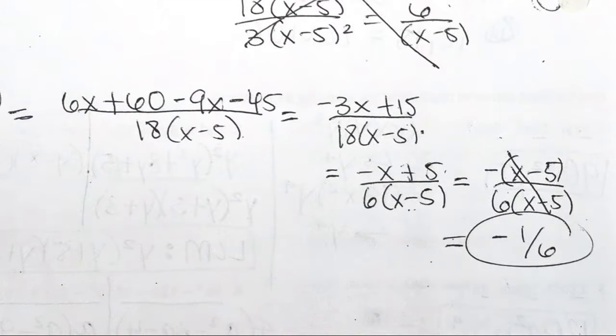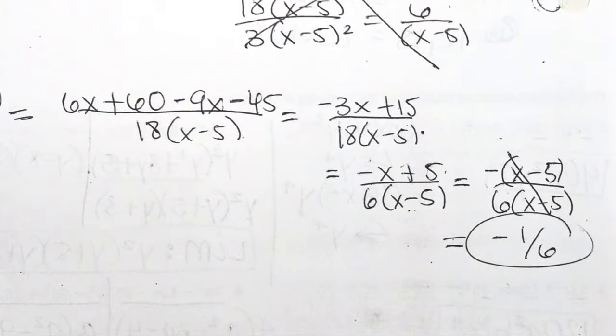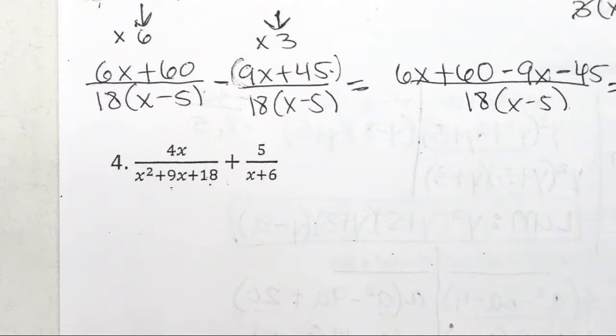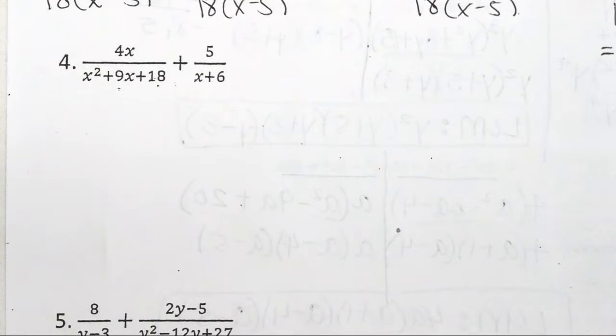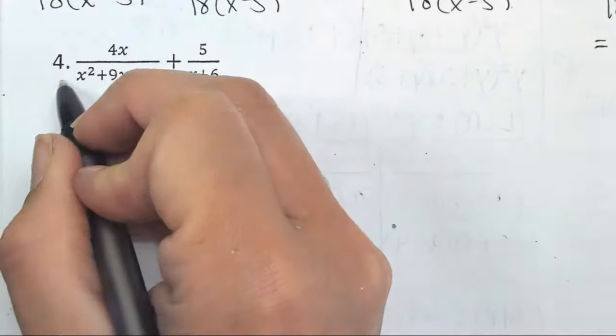Alright, I want you to try 4 and 5 on your own, but let's just find an LCM for both of them first, then you're going to try it on your own. Because I think that's the only part y'all are really having trouble with. Alright, so to find an LCM for number 4, first we'd have to do what? Factor. Good. So, Brasida, help me out with this bottom.